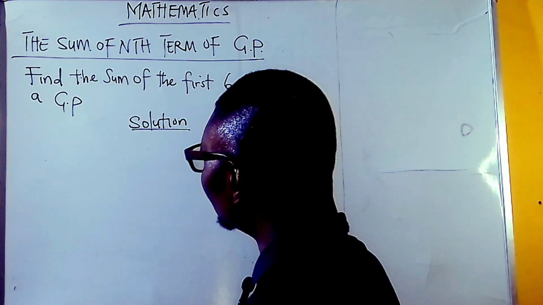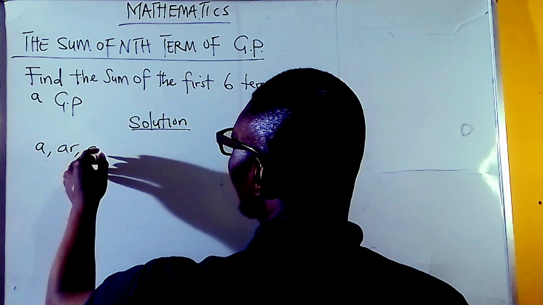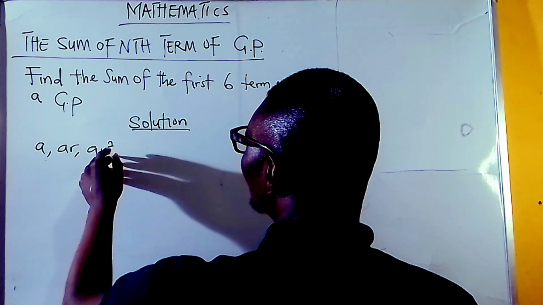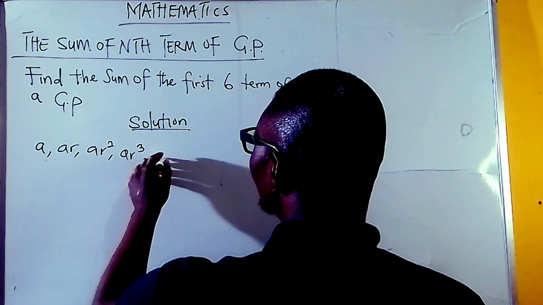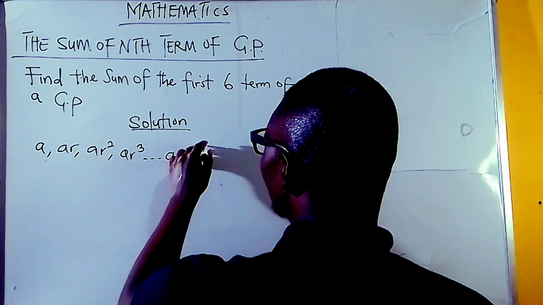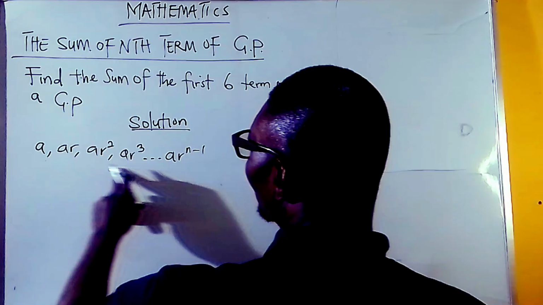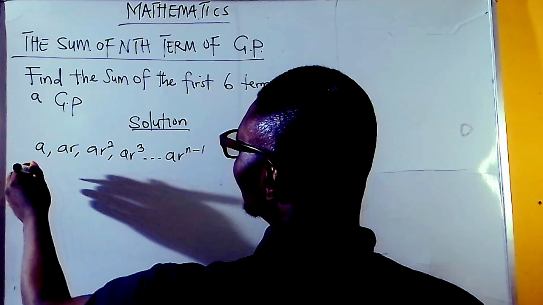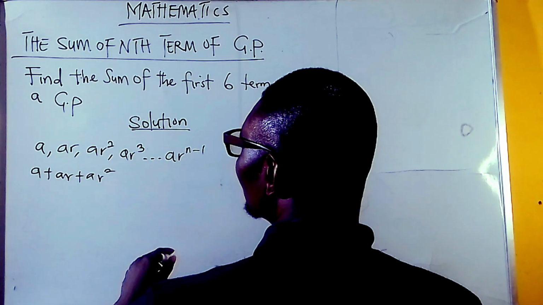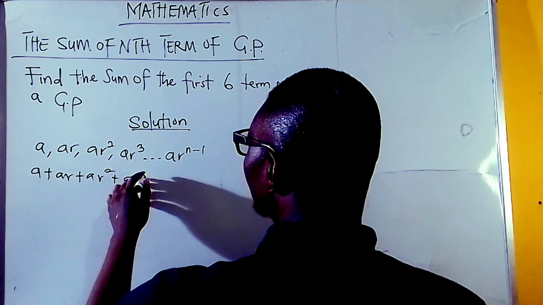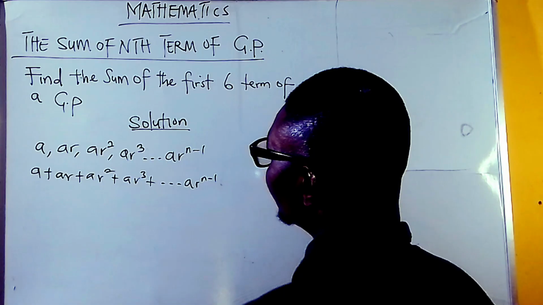If a geometric progression is given as a, ar, ar^2, ar^3, up to ar^(n-1), then the geometric series will be the addition of all the terms of the geometric progression, which is a plus ar plus ar^2 plus ar^3 plus ar^(n-1).